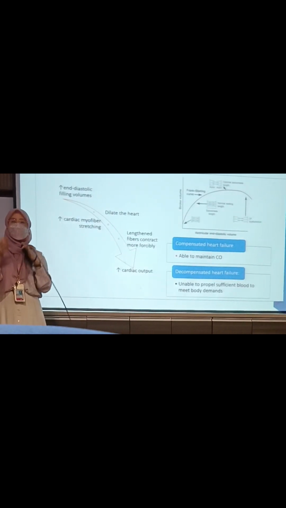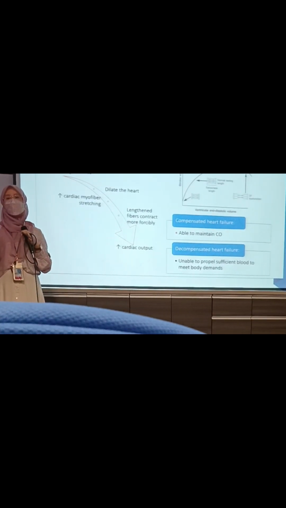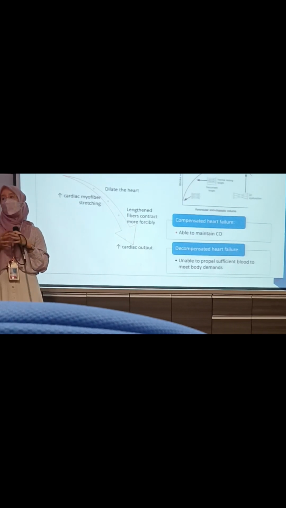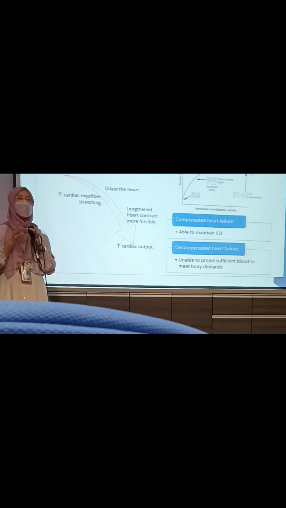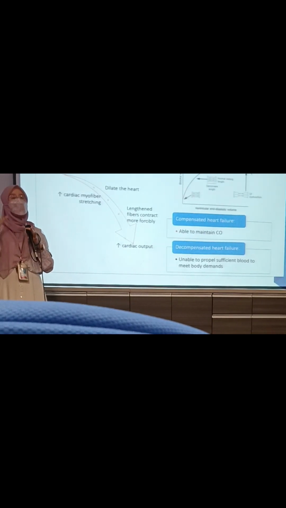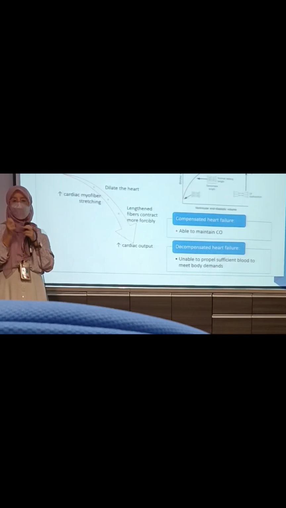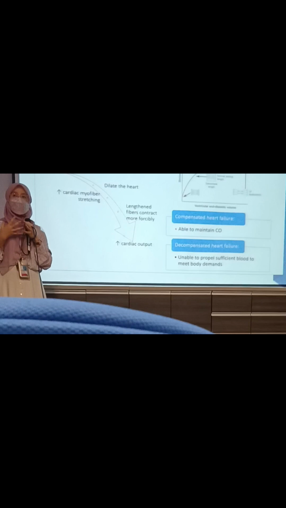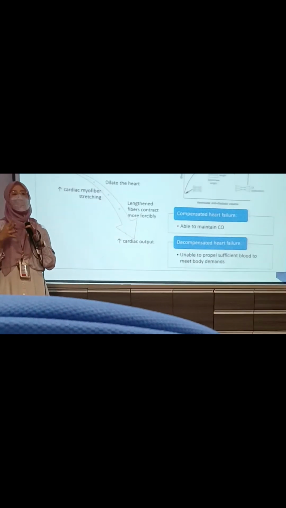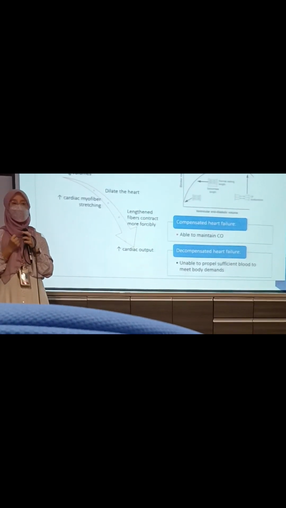Okay, tapi bila kita isi banyak, the myocyte fibers will also be stretched, kan? So heart will be dilated. So in the compensated heart failure, bila length increase, the stroke volume will be more lah, sebab dia akan contract more. So to increase the cardiac output. But bila lama-lama heart tu dah penat, so dia tak dapat contract the same way.